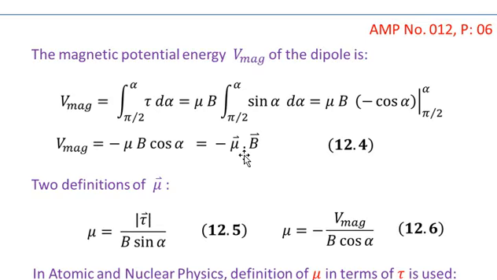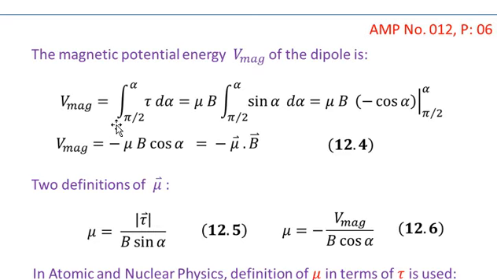This is the dot product between two vector quantities: one is the orbital magnetic moment of the atom, and the second is the external magnetic field applied to the atom. And V mag is the potential energy stored in that dipole of the atom.